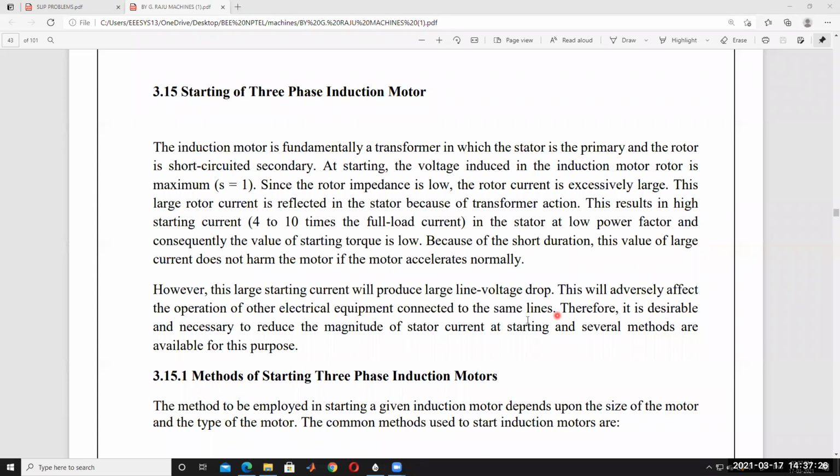That is because it draws a very large current, and this large current produces a large voltage drop.